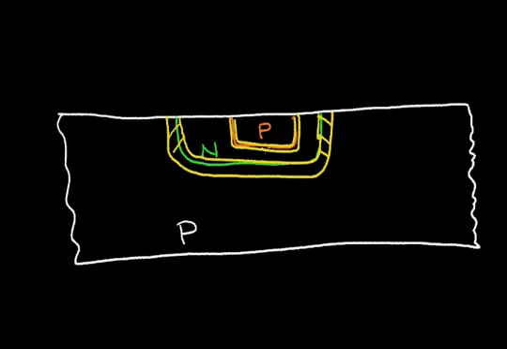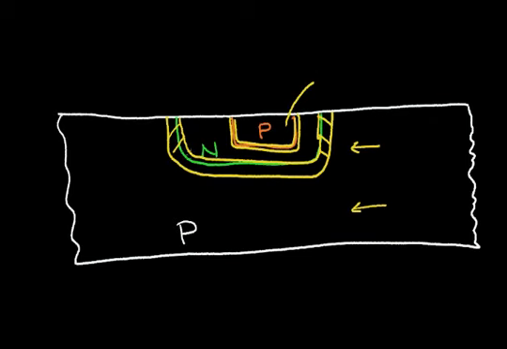Now I can just look at this wafer, this silicon structure, and I know that this P region is lightly doped, and this N region that I added has to have a higher concentration of dopants, and this P region that I finally add in must be the highest concentration of all.